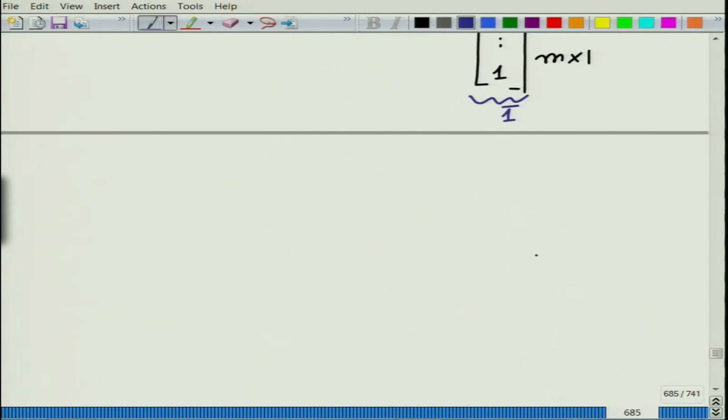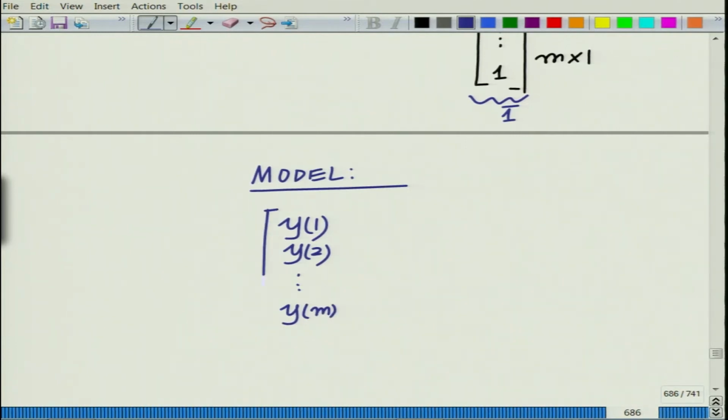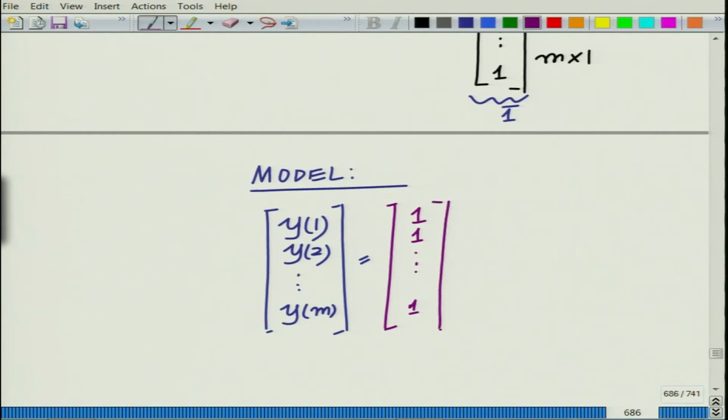So, we can write our least squares estimation model as follows. We have the model y1, y2, up to ym, this becomes equal to the vector A bar, which is the vector of all ones.